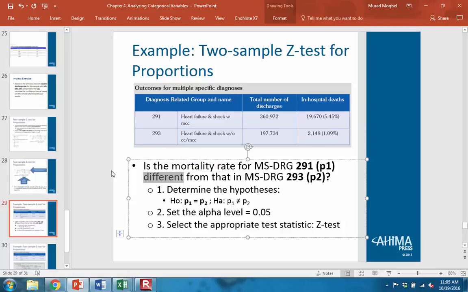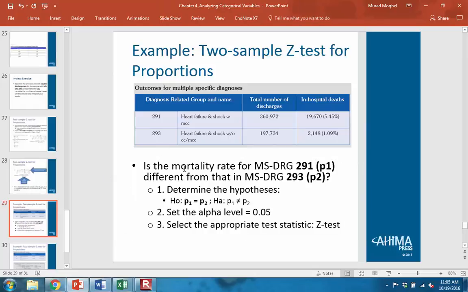Think about it, pause and think about it, and tell me, is it one-sided or two-sided? If you say two-sided, then pat on your back, you did well. Yes, it is two-sided because we didn't decide whether it is greater or lower. We just said, are they different? We don't mind whether they are lower or higher.